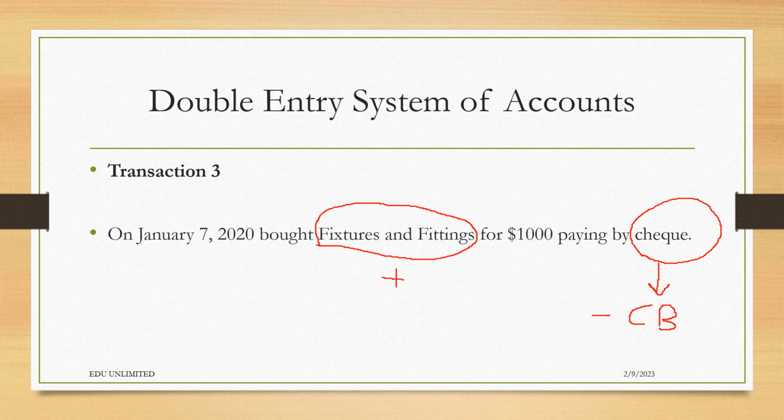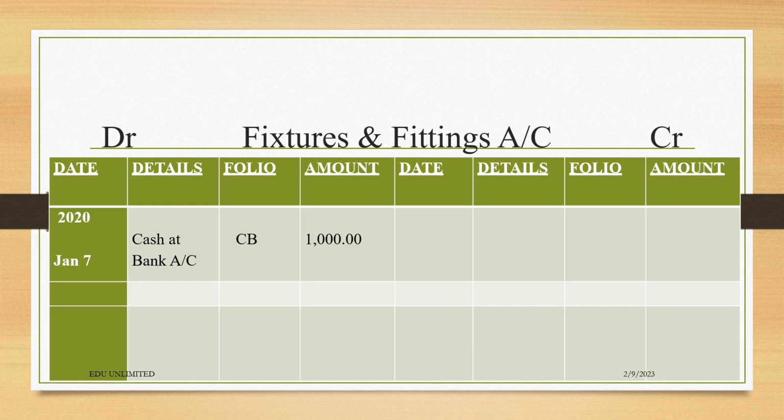So the double entry system means that one account must be debited and one account must be credited for the double entry system of account to balance. So let us look now at this transaction. To increase an asset, we debit.